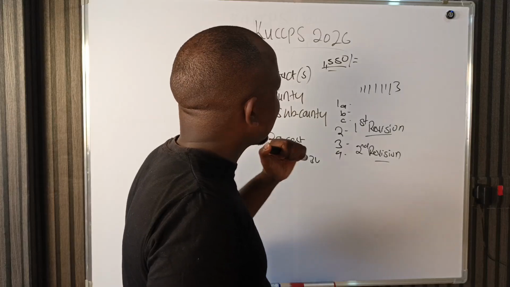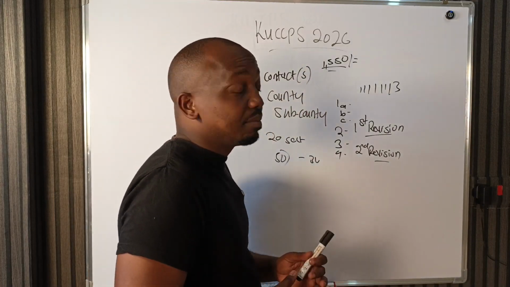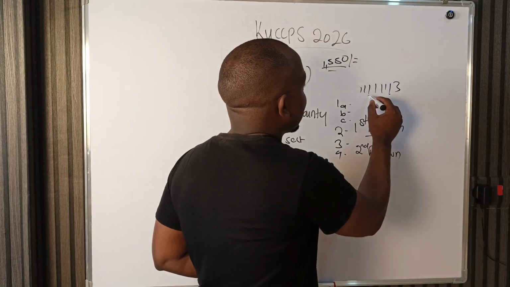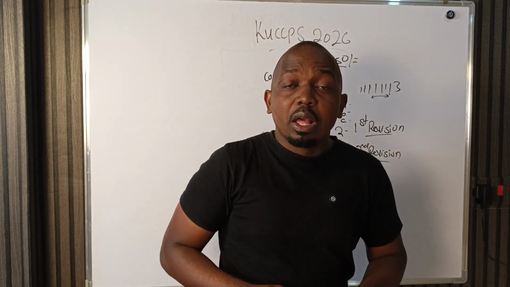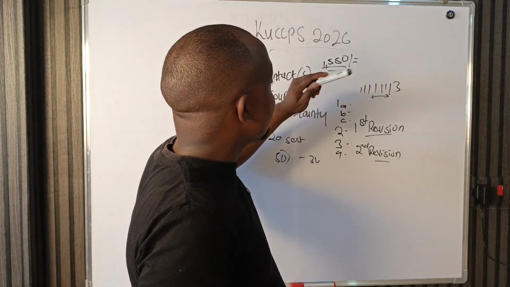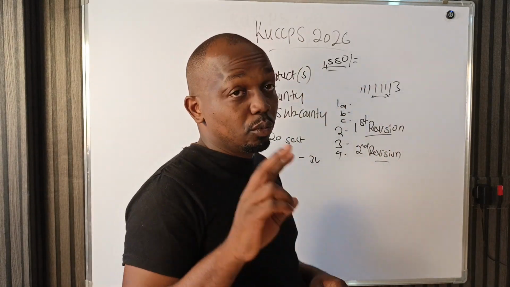So what are the pitfalls that you have to avoid as you're making the choices? Please make sure that the codes which you select are correct. The good thing is, immediately you input the code during the application process, it will give you two things.